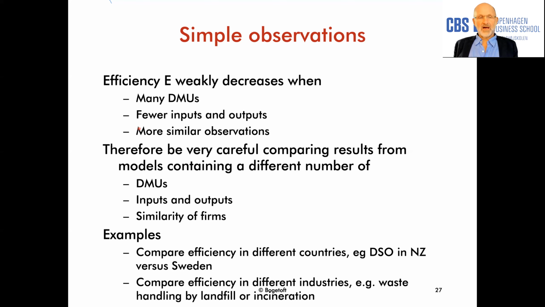And then if you have maybe way more landfill sites than incineration sites, then you're most likely going to look more efficient in incineration compared to landfill. In the one I saw, there was even another problem, that the number of inputs and outputs used was not the same, and therefore one couldn't really compare them.